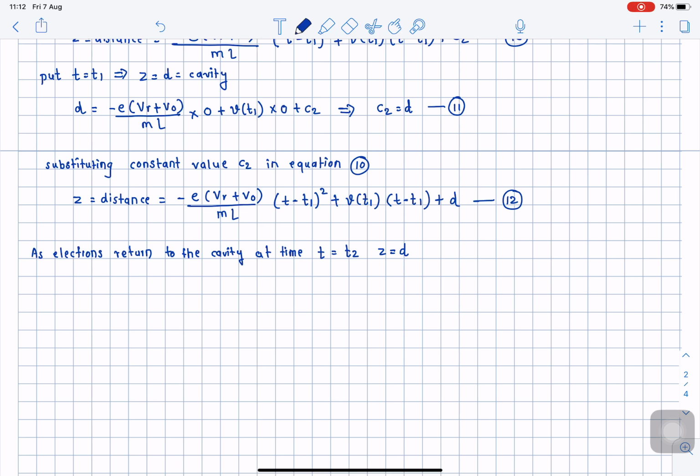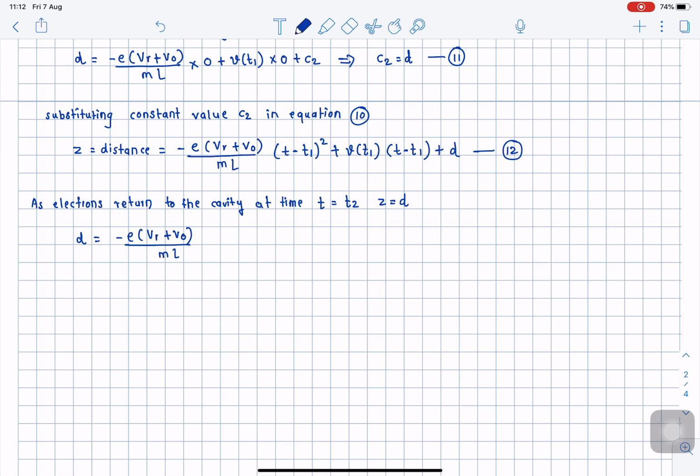So here I will replace z is equal to d, minus e (vr plus v0) divided by m into l. Now here in the place of t I will replace t2 minus t1 whole square plus velocity at t1 into t replaced with t2 minus t1 plus d.